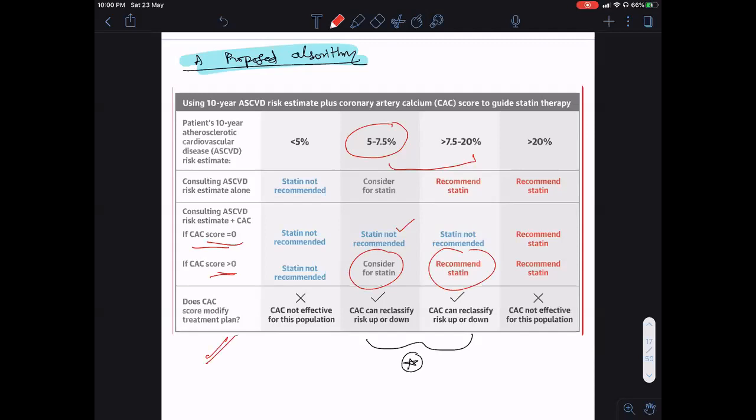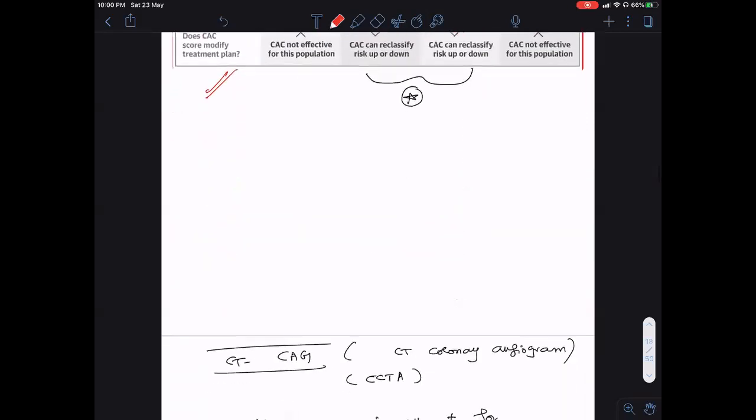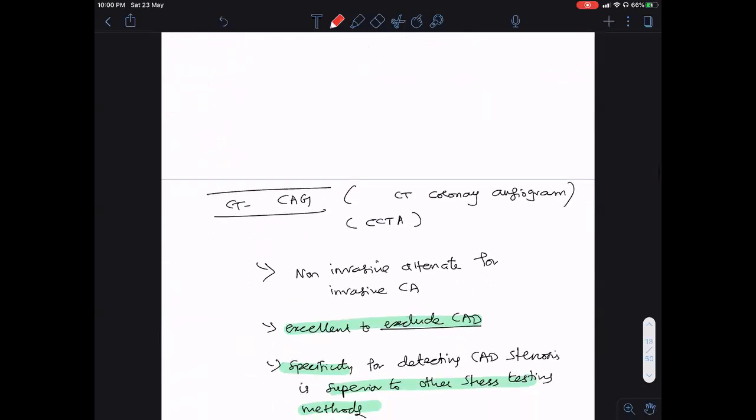That is, we can potentially add a statin. So this was what the ACC has also mentioned as a risk modifier. When we are using the ASCVD risk score, we can use the coronary artery calcium as an additional point in order to guide statin treatment. But it's just an idealistic way, maybe not followed in our practice.